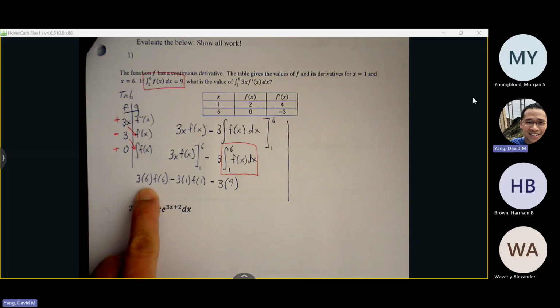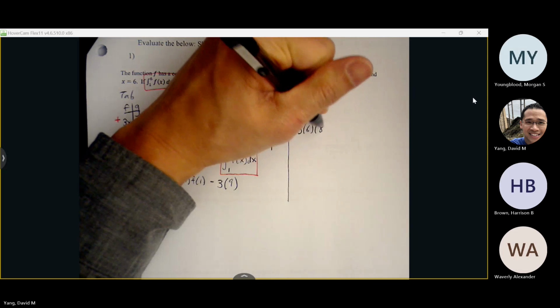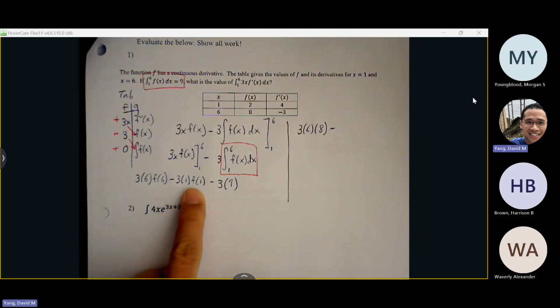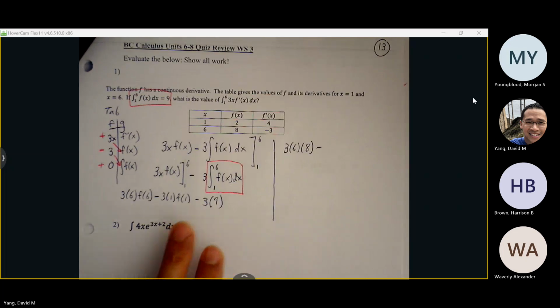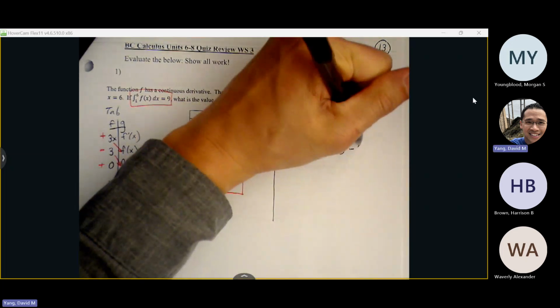So now we can just rely on our table here. f of 6 is 8. f of 1 is 2. And then minus 27.